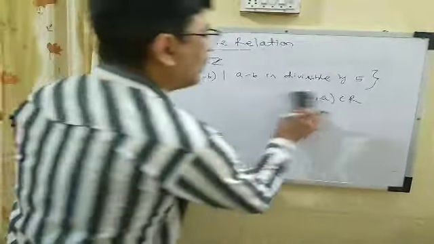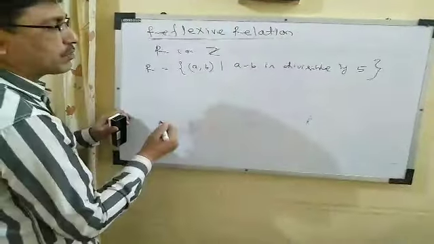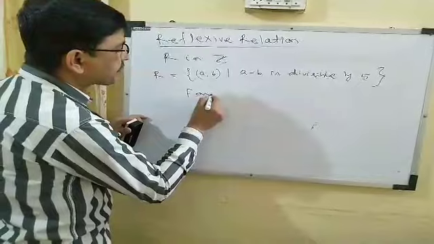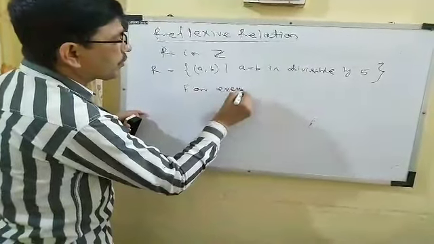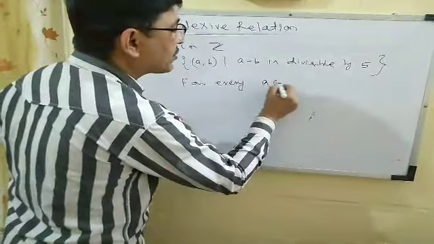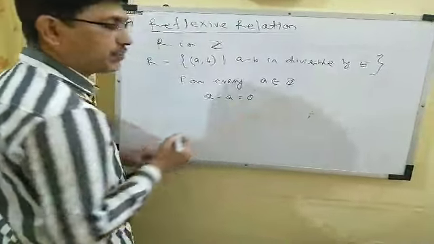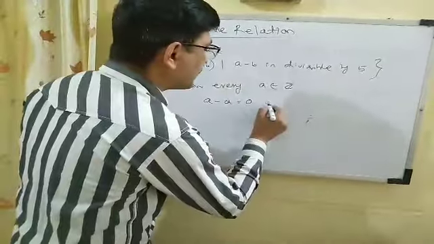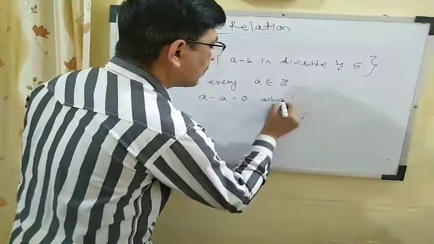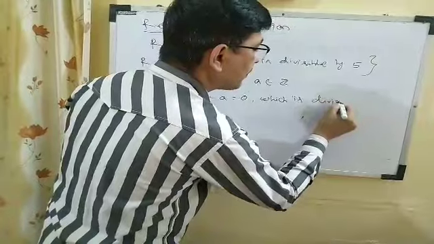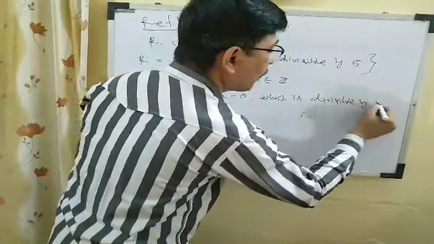But now, how can we verify? So you go through like this. For every a belongs to Z, a minus a is equal to how much? 0. And which is divisible by 5.